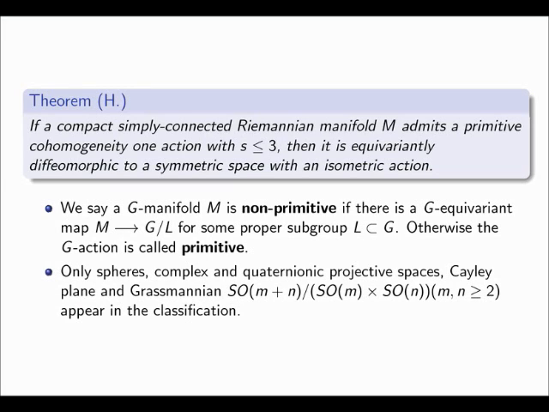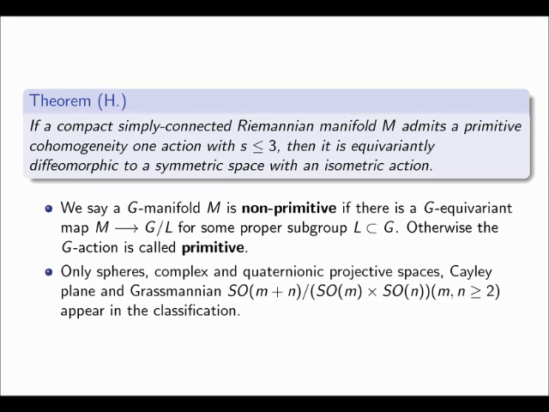So the action is simple. Then I have the classification: the manifold is diffeomorphic to a symmetric space with the symmetric action, and the action is also determined.